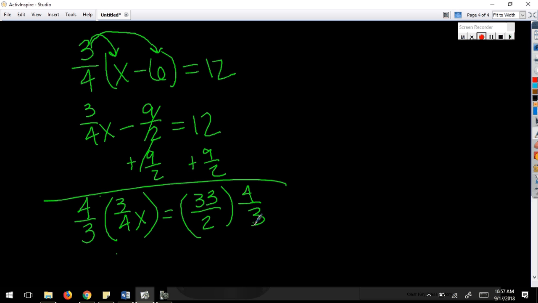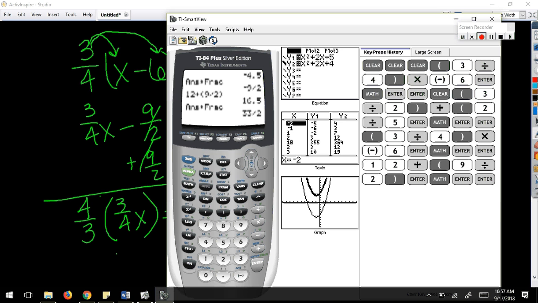All right, so I'm going to do my 33 over 2. And the nice thing about these calculators is because I already have this in here, I can just hit the times button, and it says take that answer and multiply it by whatever else you put in. 4 over 3.